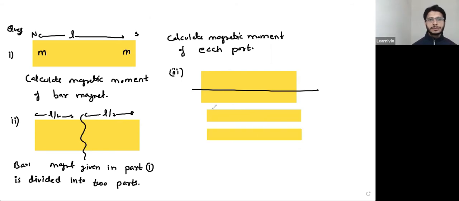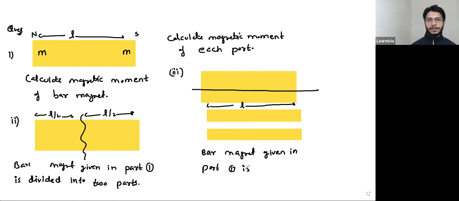The length of each part is L. The bar magnet given in part 1 is divided into two equal parts as shown.